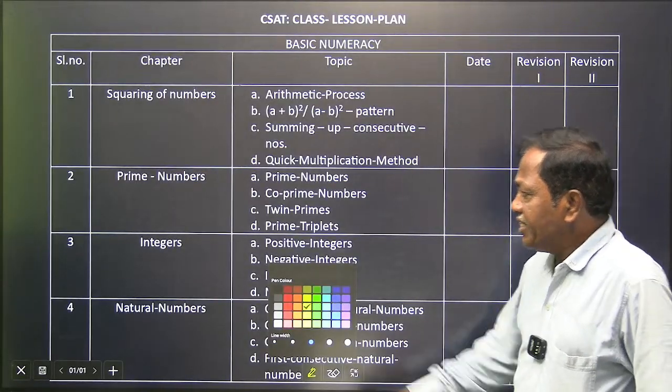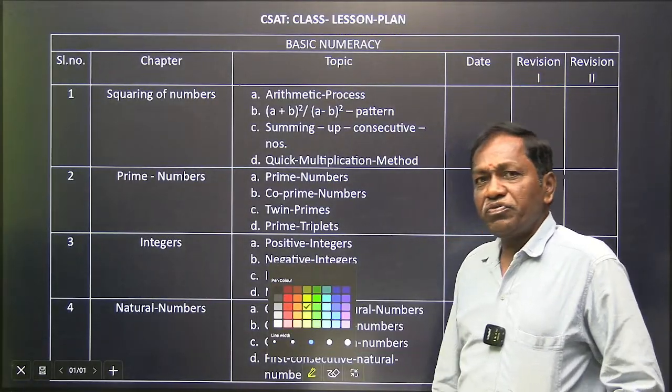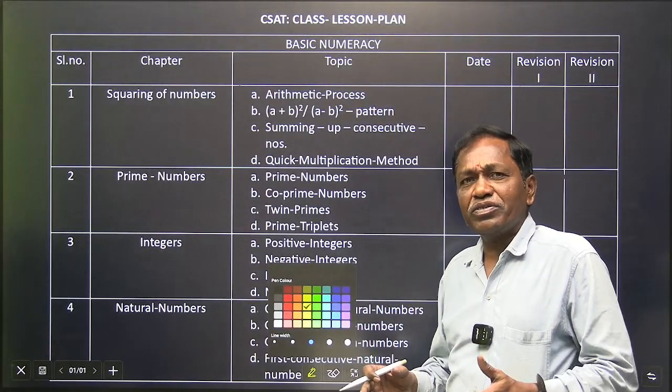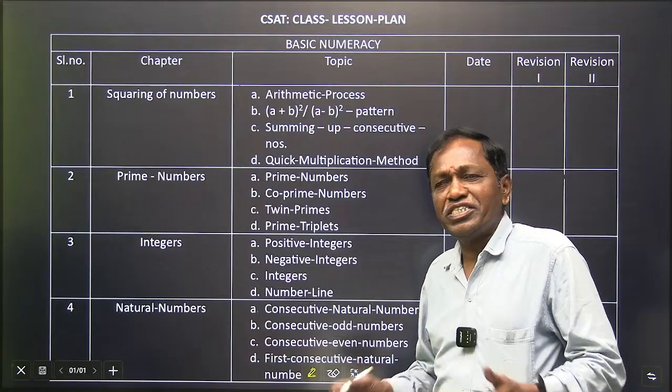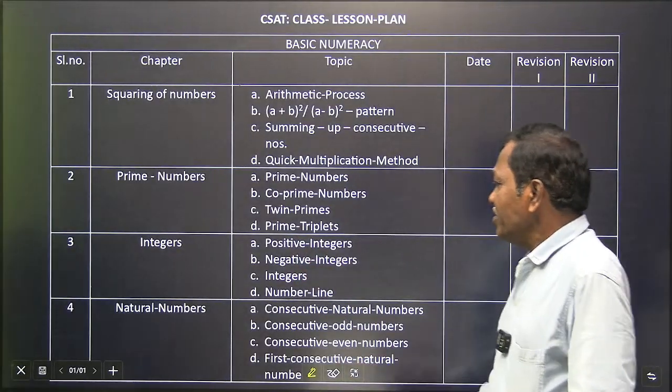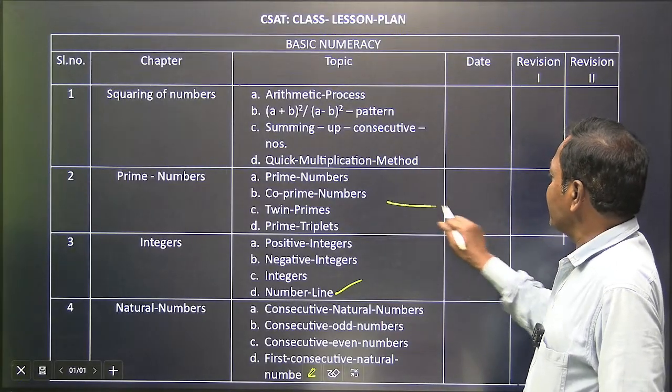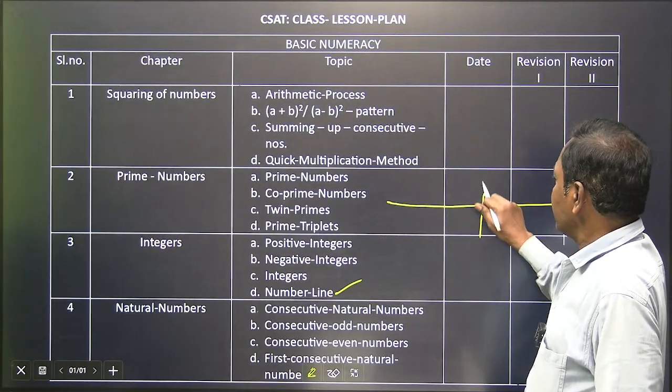Now integers. Again, you will need integers. You see 5 to 6 questions that talk about the word integers. What are the integers? See the number line here. What is the number line? This is the number line. This is 0.